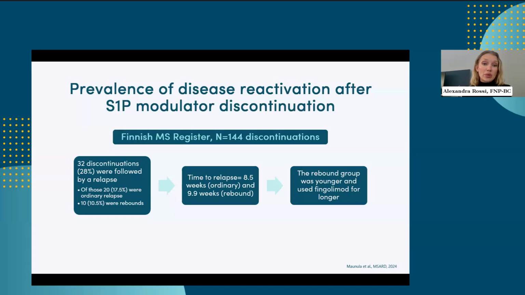Of those, 17% were just an ordinary relapse, and 10% were rebound relapse. Interestingly here, the time to relapse was about 8.5 weeks for ordinary relapse and 9.9 for rebound. And again, the rebound group was younger and had used fingolimod for longer.